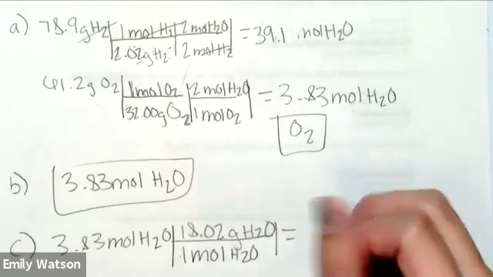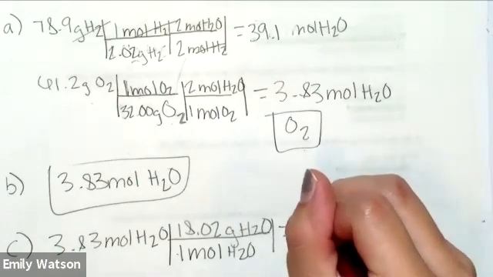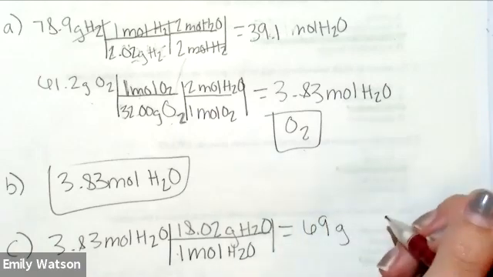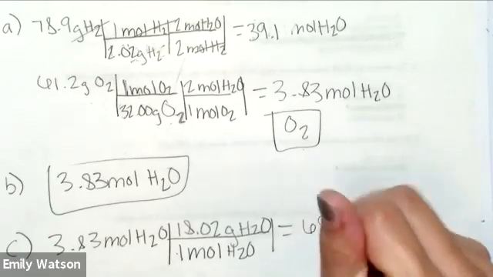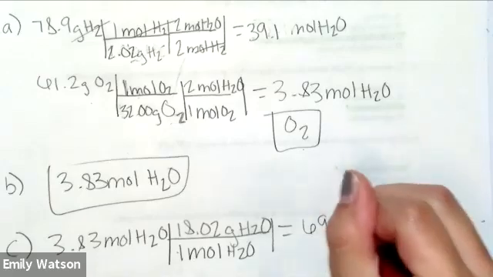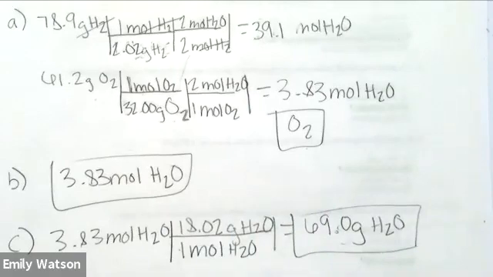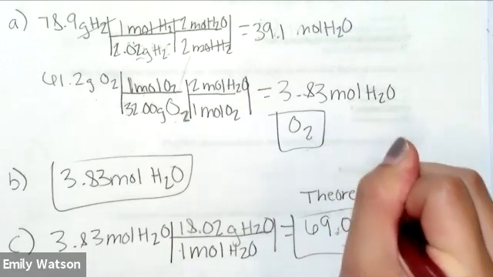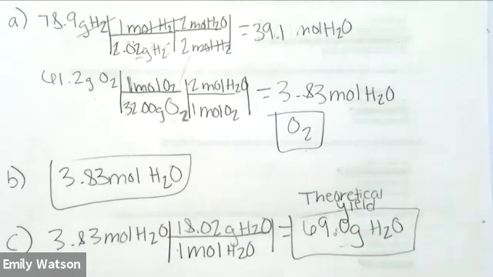What was it? 69 point what? Okay, 69.0. Thanks. So this is what we call theoretical yield. In theory, you should be able to get this much water from this reaction based on the numbers present, right?